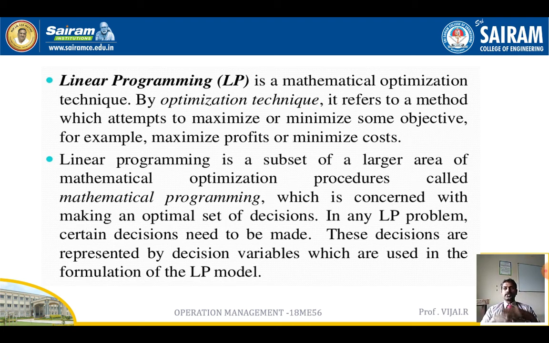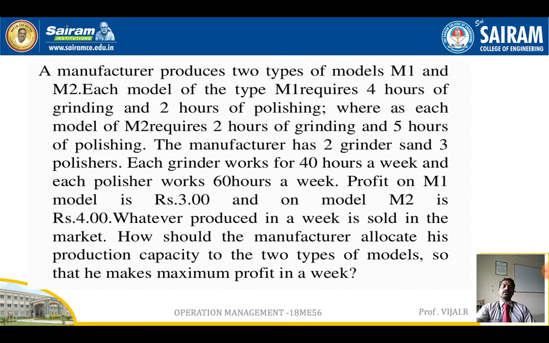First of all, we should know what the problem is and what variables affect it, the factors for the problem, or which we can control. So first we find the factors, and through the formulation of this LP model, we are going to do it. Let me solve a problem here.